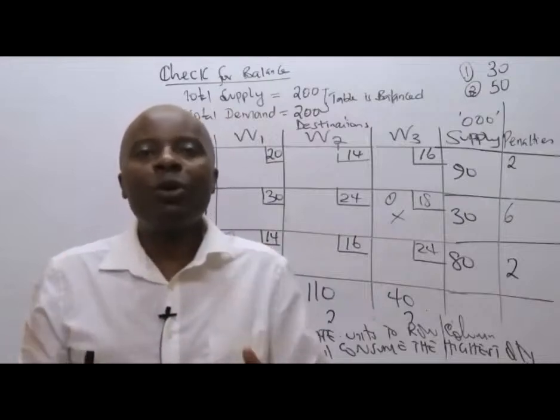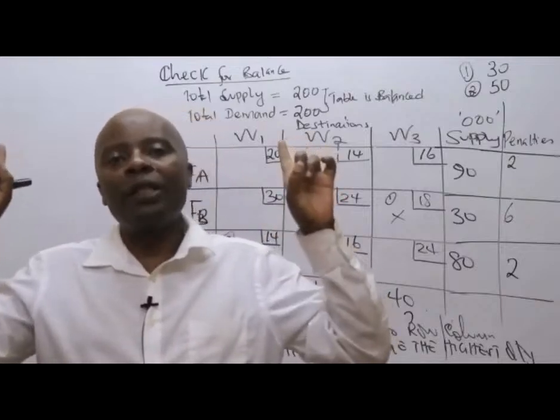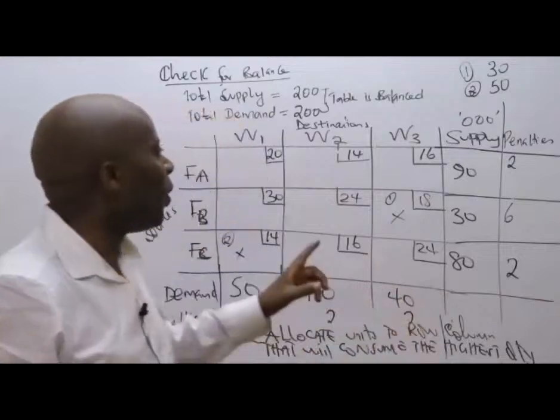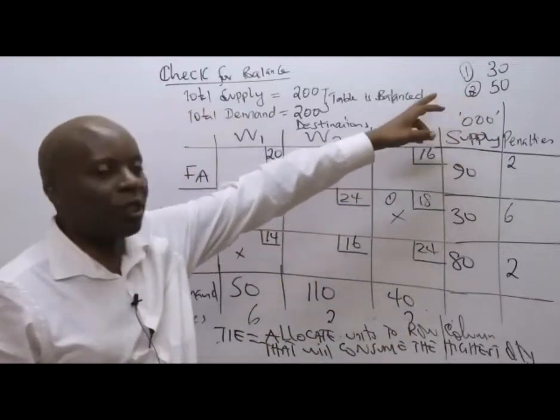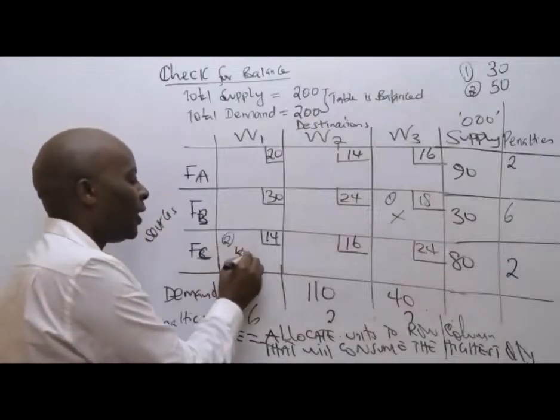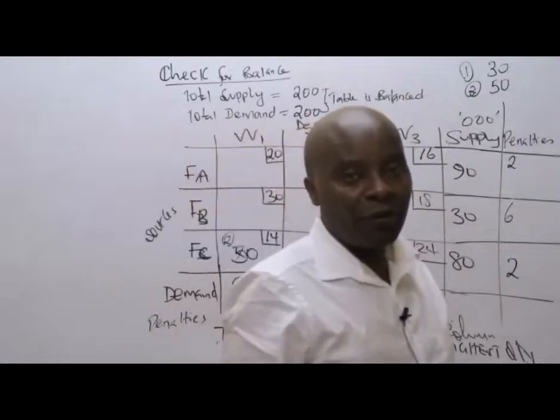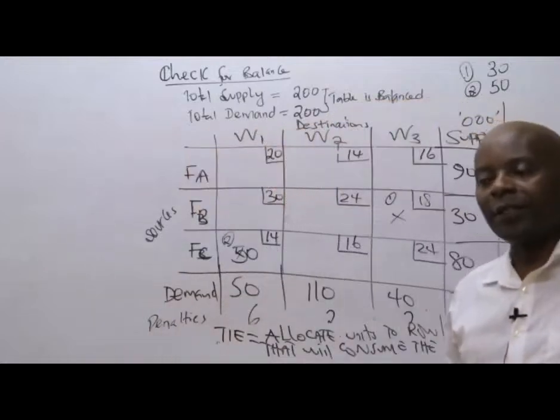The one that is able to take the highest quantity is the one that will prevail. So the one that has got the highest quantity between the two routes is 50. So I'll put 50 here. We put 50 there first.